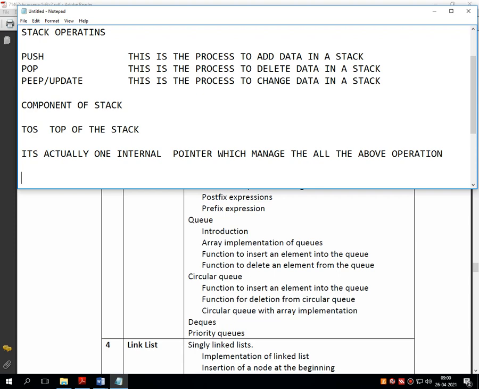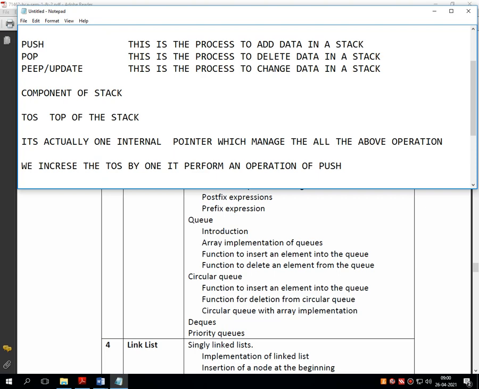So whenever we increase top of the stack by 1, again I am repeating my words, whenever we are increasing top of the stack by 1, it performs an operation of push. Whenever we decrease the top of the stack by 1, it performs an operation of pop.